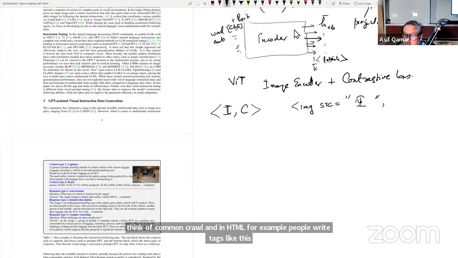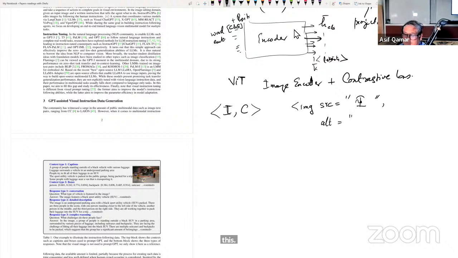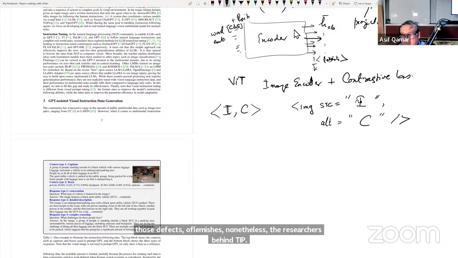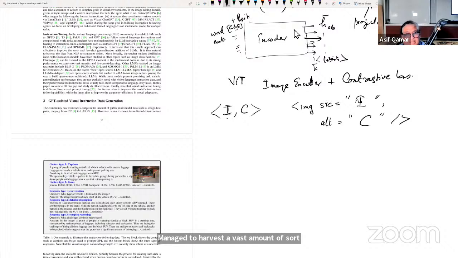And then they put alt, which, if people have been doing it dutifully, would be a description of the image. It's not always there. Actually, the data is very, very noisy because most of the time people forget to put alt. And many times, because people do search engine optimization, the text that they put are just keywords. It has nothing to do with that image. Right? So given all those defects or blemishes, nonetheless, the researchers behind CLIP managed to harvest a vast amount of image and caption pairs.